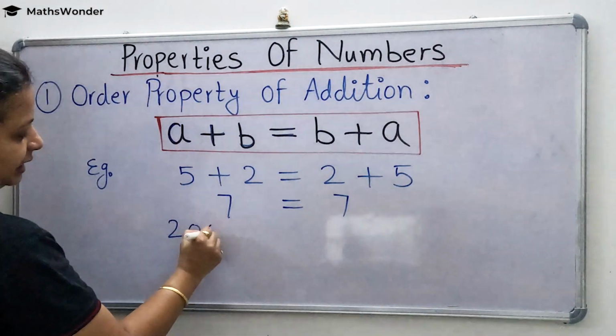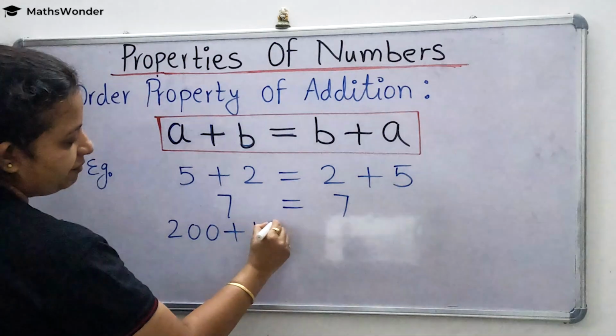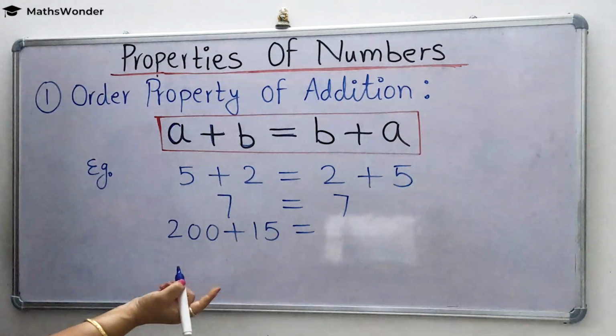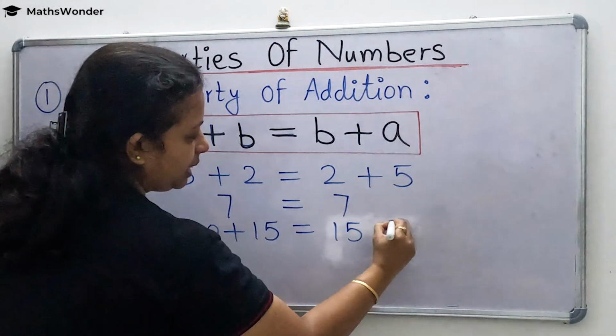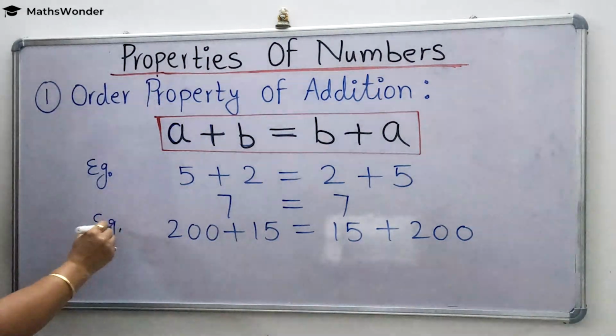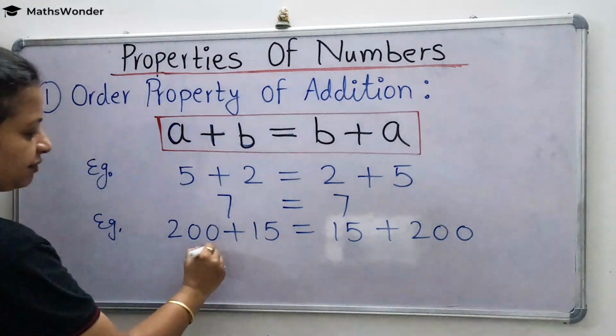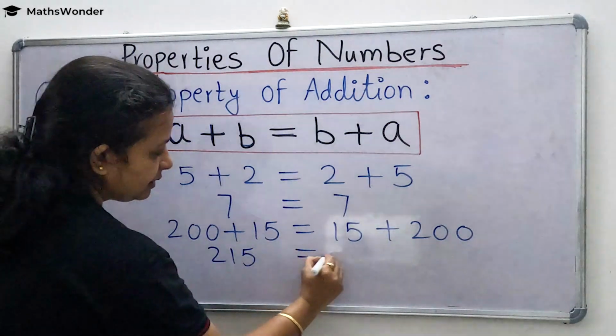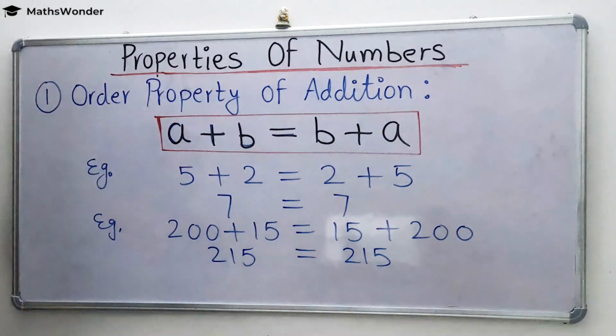Suppose 200 plus 15. When you change the order, 15 plus 200, what will be the addition? 215 on both sides.